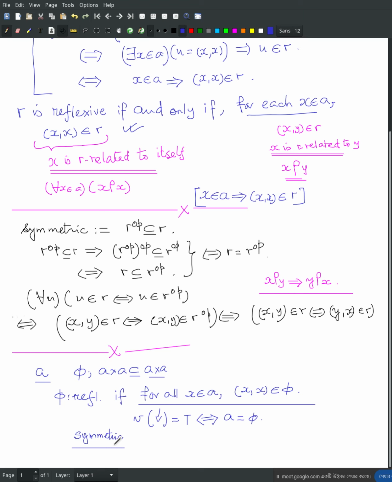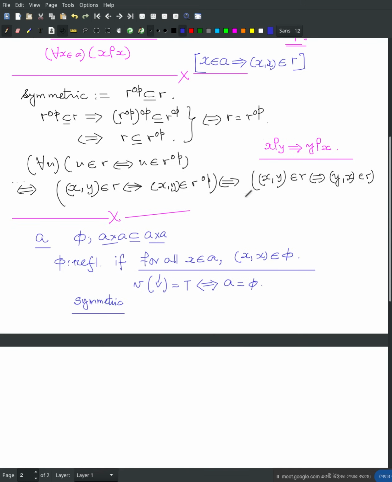Okay. Now, in this way, you'll have to start finding examples. What can you say about A cross A? Is it reflexive? What is A cross A? So if you take R to be A cross A, is it reflexive? Yes. If you restrict it, yes.